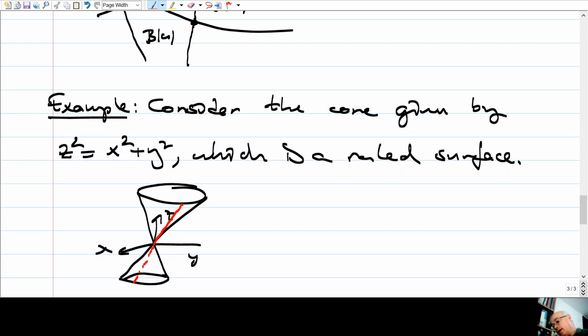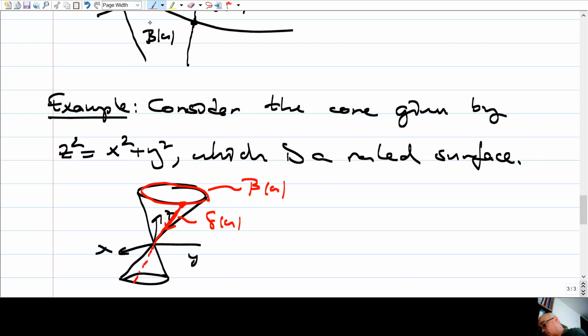Then this surface is obtained by rotating this red line on the surface. You may, for example, consider this curve as your base curve beta, and then this is the direction vector gamma(u). Starting from beta(u), you just move on this line and it will generate the surface.